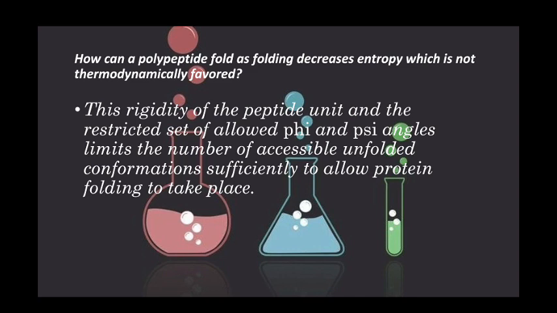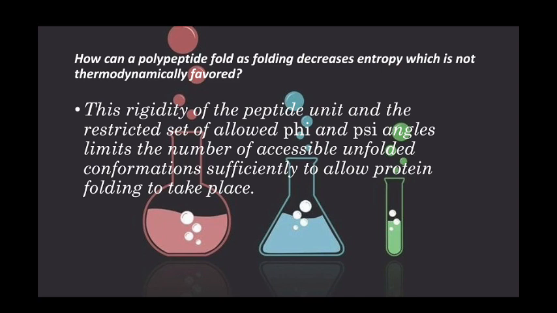Well, if any phi or psi angle could be possible, then there would be so many different conformations for a polypeptide, and this huge increase in entropy would never let the polypeptide fold, right? But in reality, not every phi and psi angle is possible due to steric interference.